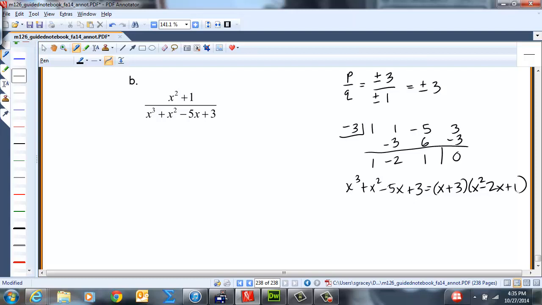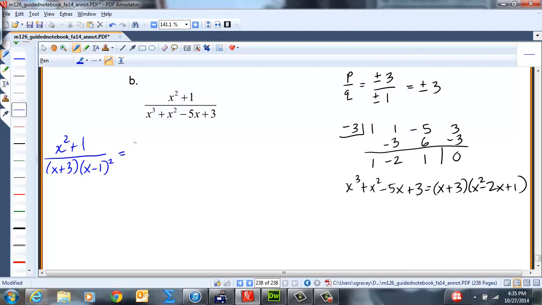And notice that last one can factor. So here is what we'll have. We will have x squared plus 1 divided by, we're going to write it in this form, x plus 3 times, do you guys see that second factor is x minus 1, the quantity squared?